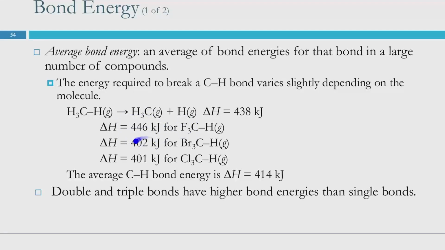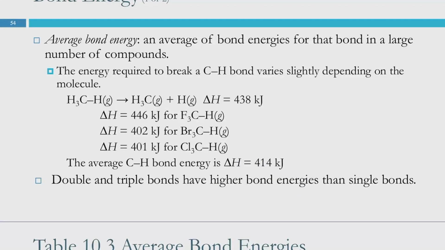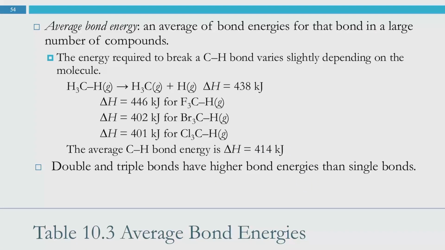It's a little less energy if we've got bromines. It's even less energy if we've got chlorines instead, for whatever reason. On average, our bond energy is 414 kilojoules per mole. So if we break 1 mole of these bonds, it's going to be 414 kilojoules per mole between a carbon and a hydrogen. If we had double bonds or triple bonds, this would tend to have higher energy that you need to put in to break them than single bonds.